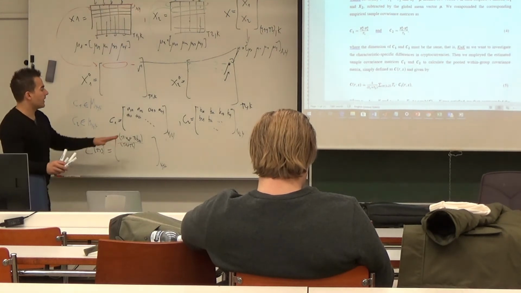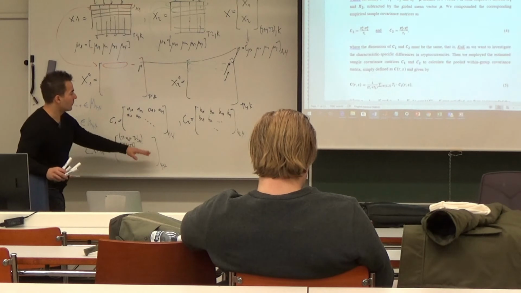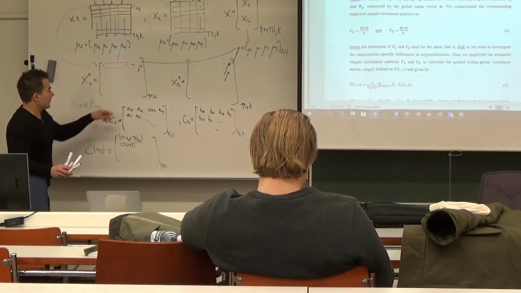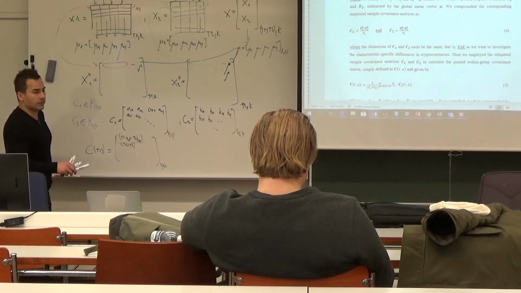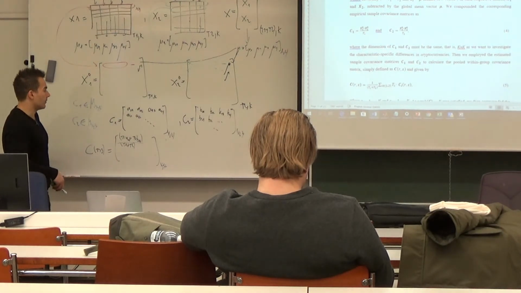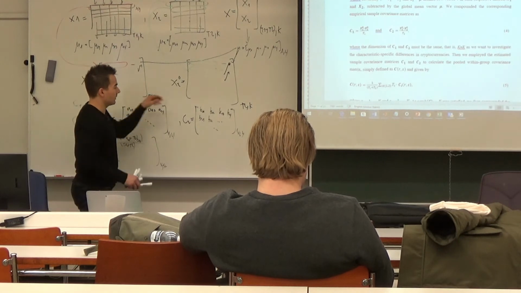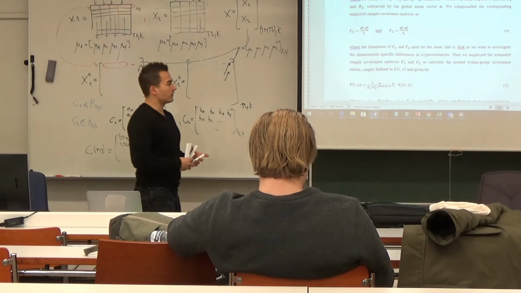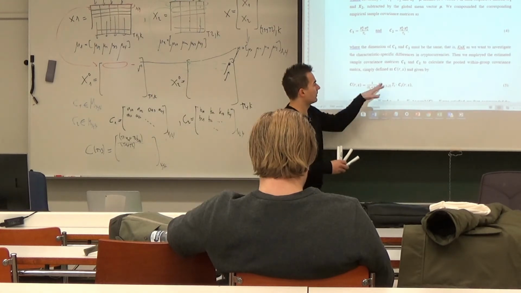We do the same for all elements here. So we have a 4x4 matrix with 16 elements, 4 times 4. We do the same for all the other elements and create this new matrix, the pooled within group covariance matrix. It looks a little bit fancy, but that's basically what we do.